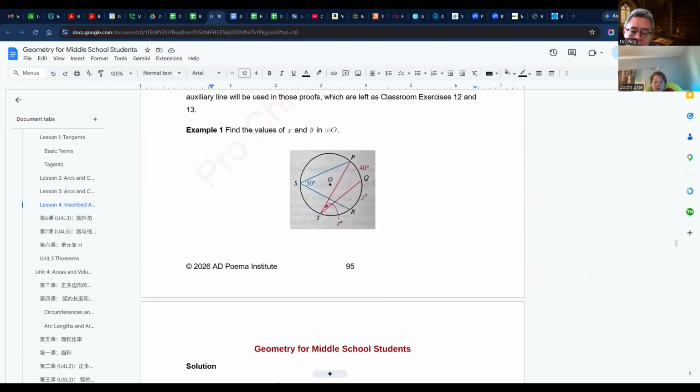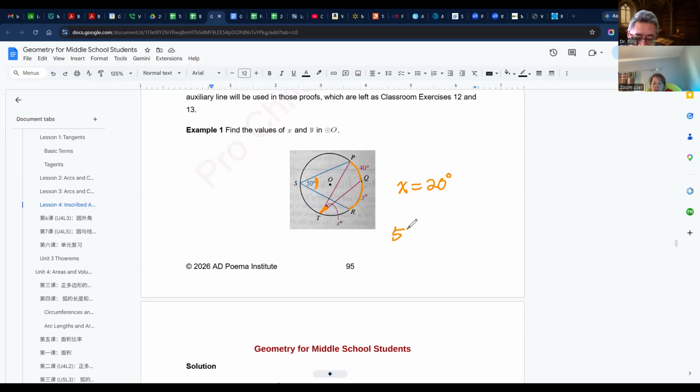Now here's an example. We want to find x and y. Where's x? X is here. The intercepted arc is 40 degrees, so x is 20 degrees, half of that. Pretty straightforward. Now we want to find y. Y is this part, and the corresponding inscribed angle is 50 degrees.